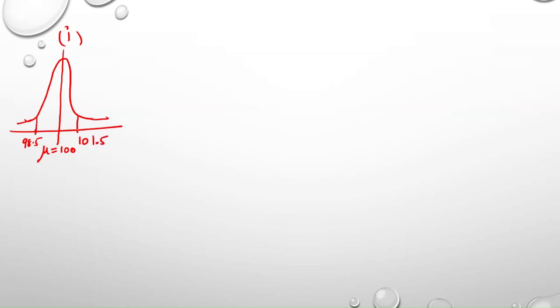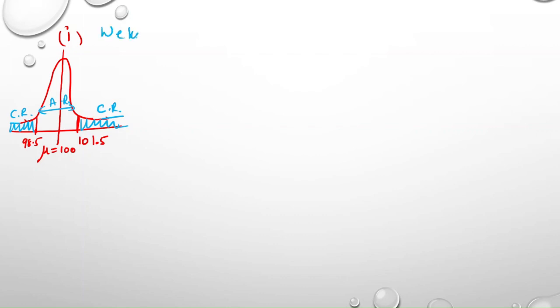This is the acceptance region. Acceptance region is given to us, and this is the rejection region or the critical region. So now in this case we have to find out the alpha error.